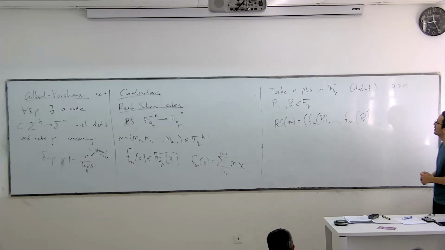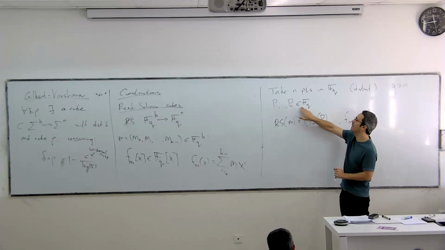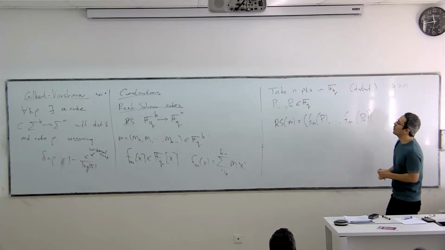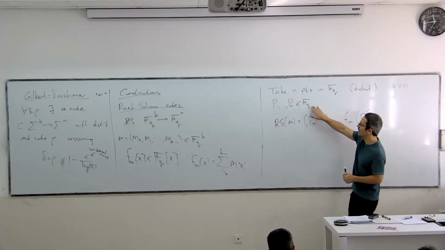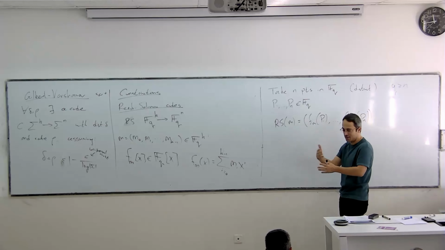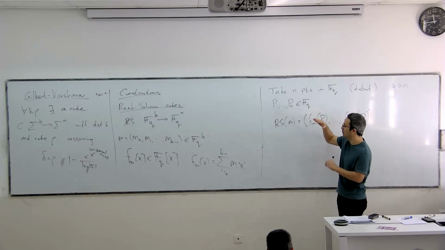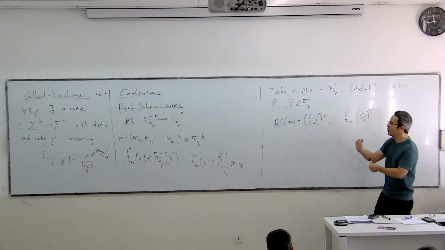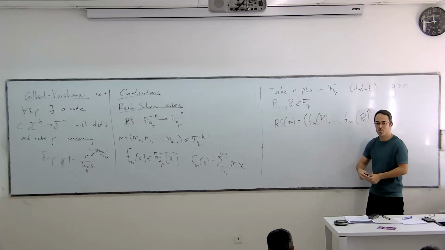Only in the scalar, the number? These are elements of a finite field. So if q is a prime p, then a finite field of prime size is really just the numbers between 0 and p minus 1, and addition and multiplication are modulo p. So you can think of it like that.